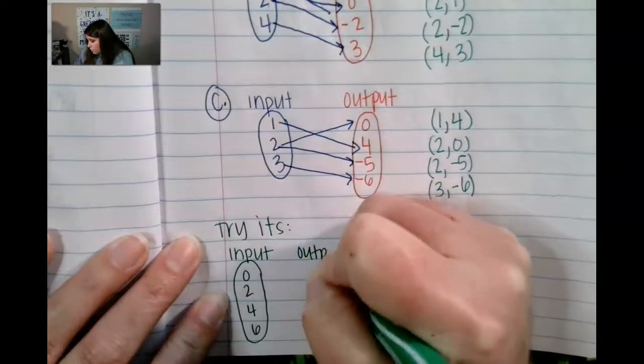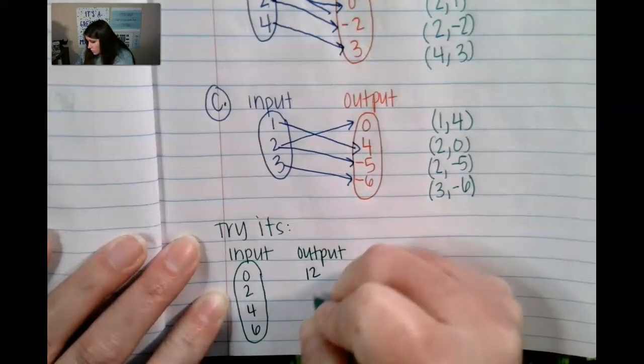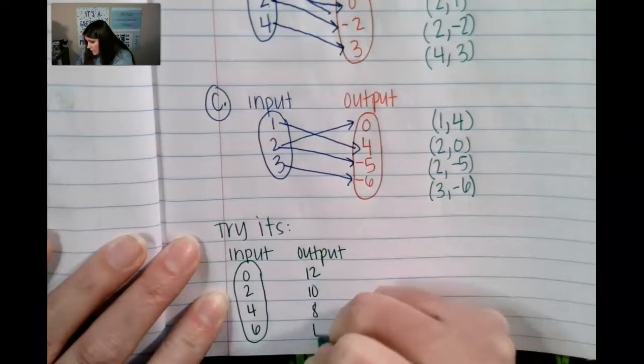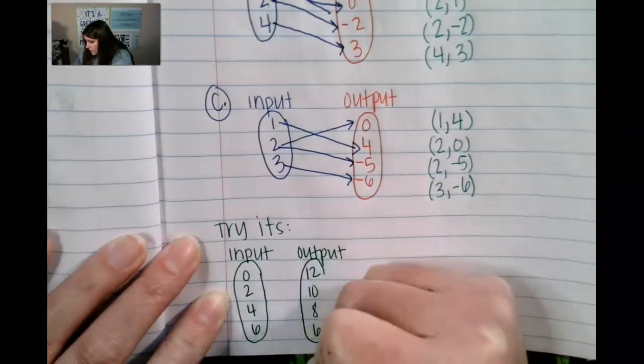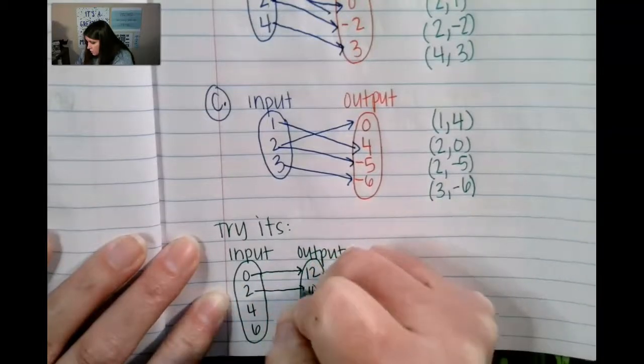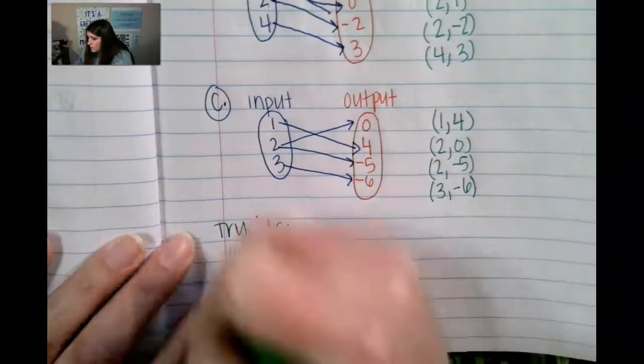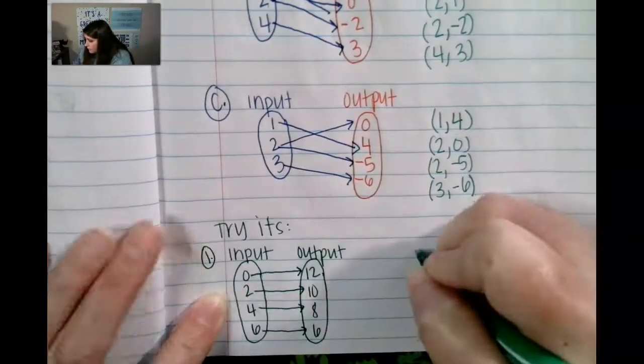Output says 12, 10, 8, and 6. And then in this problem, your mapping diagram shows the arrows going straight across. So that is try-it number 1.